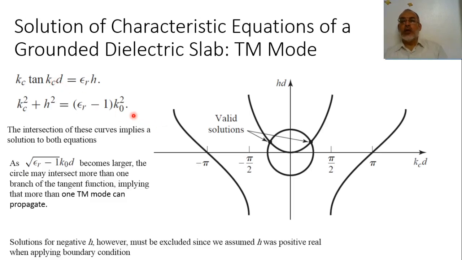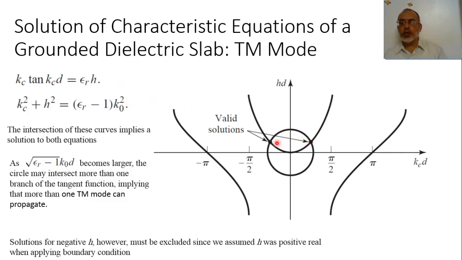Now, to satisfy two equations, there should be an intersection between the two equations, the equation of the circle and the equation of x tan x. So these two points represent the solution of these two equations.